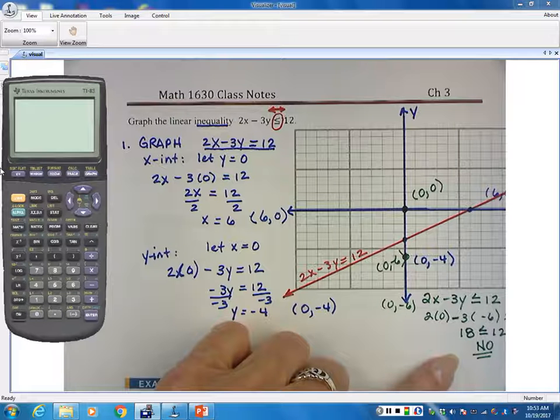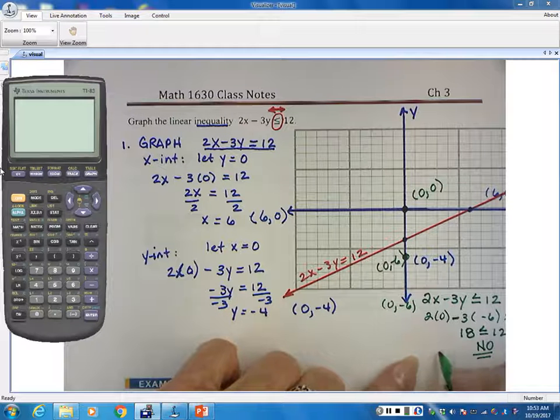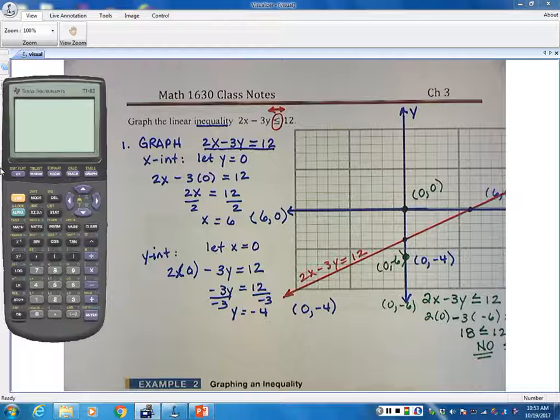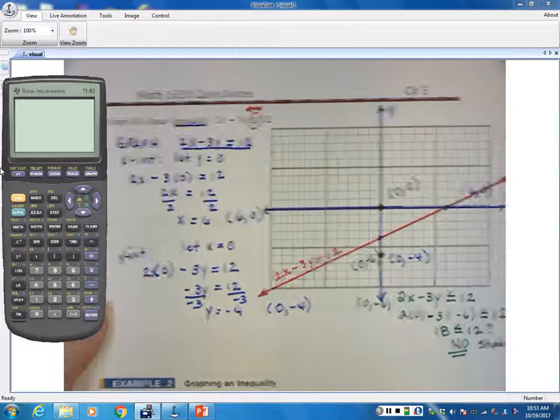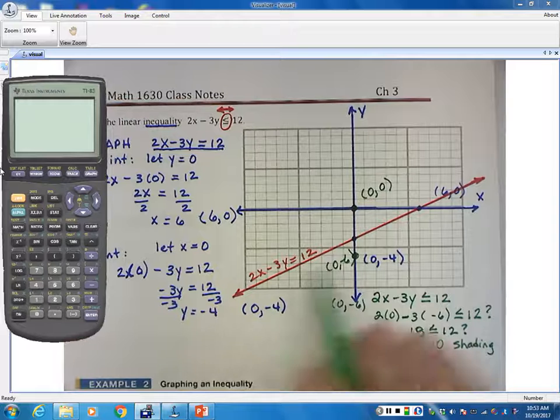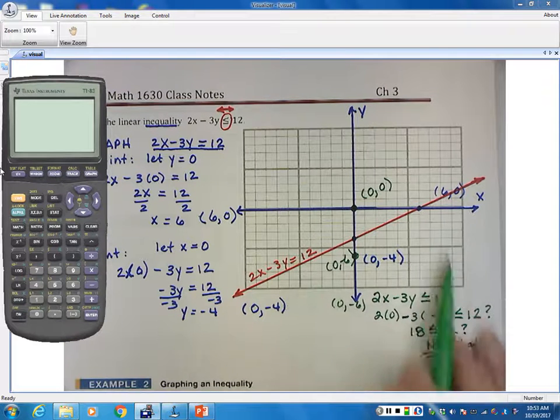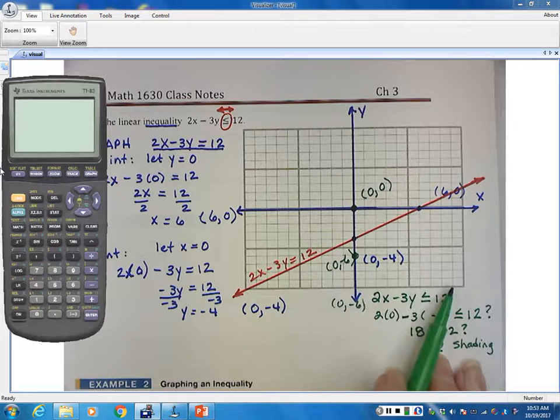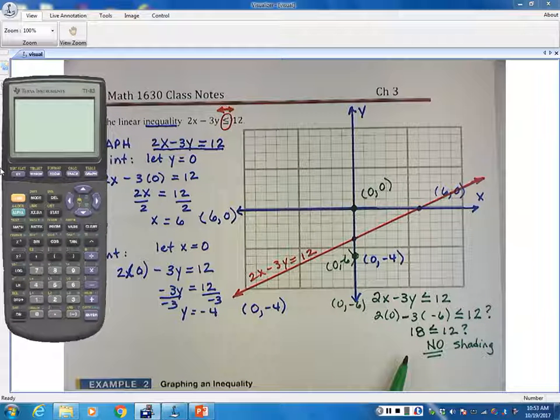So that means you do not shade that side of the line. Because what that ultimately means is that there are no solutions anywhere down here. No point that I pick on this side of the line will solve the inequality.